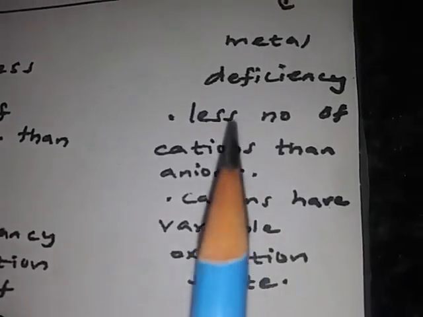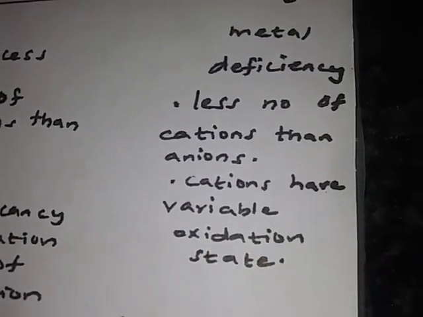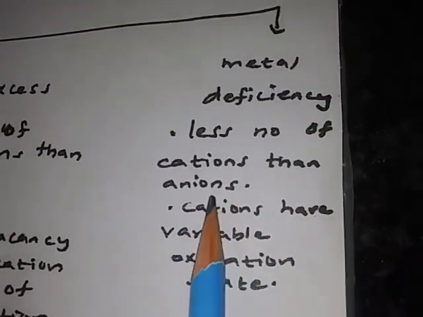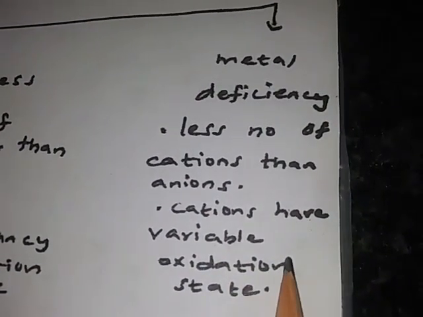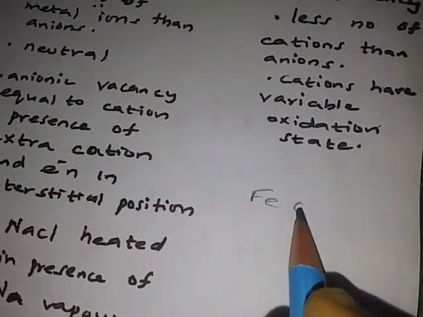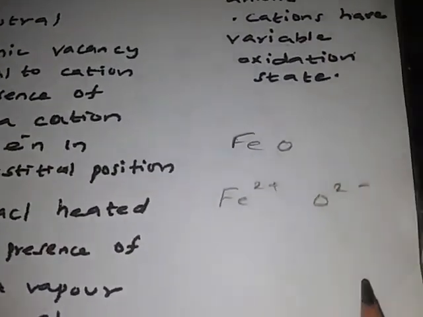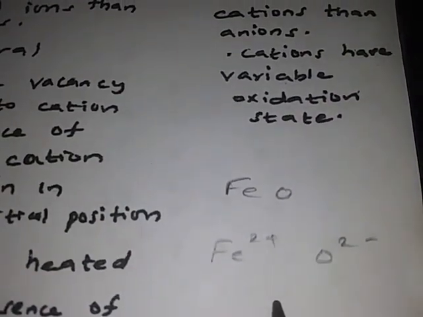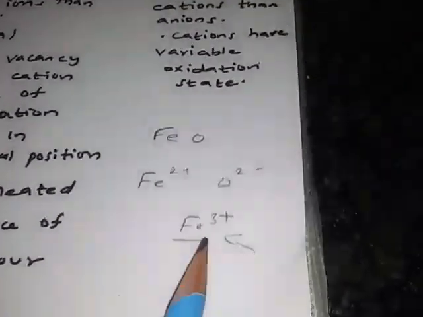The next defect is the metal deficiency defect. This defect arises due to the presence of fewer cations than anions, and here these cations have variable oxidation states. For example, an FeO crystal contains Fe2 plus ion and O2 minus ion. Here the Fe2 plus ion will be oxidized to Fe3 plus ion.